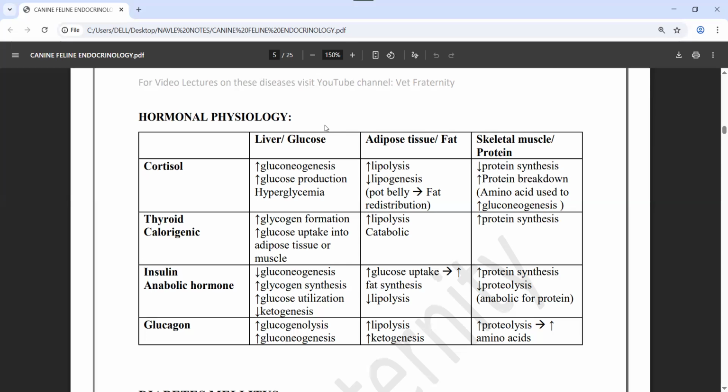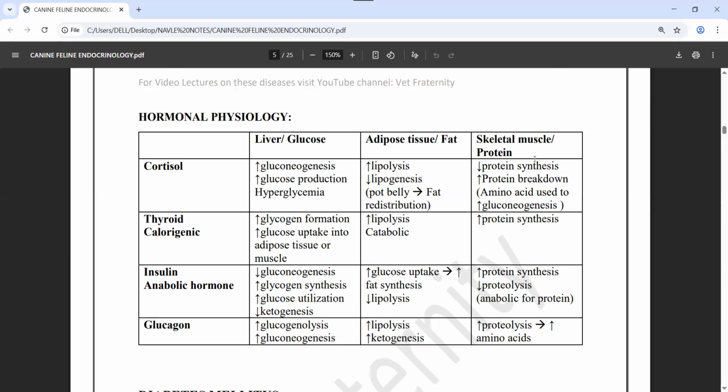Because of this breakdown of lipid, fat redistribution in the body starts to happen, and you might see animals having a pot belly. That means they are going to have a pendulous belly, which is one of the characteristics.